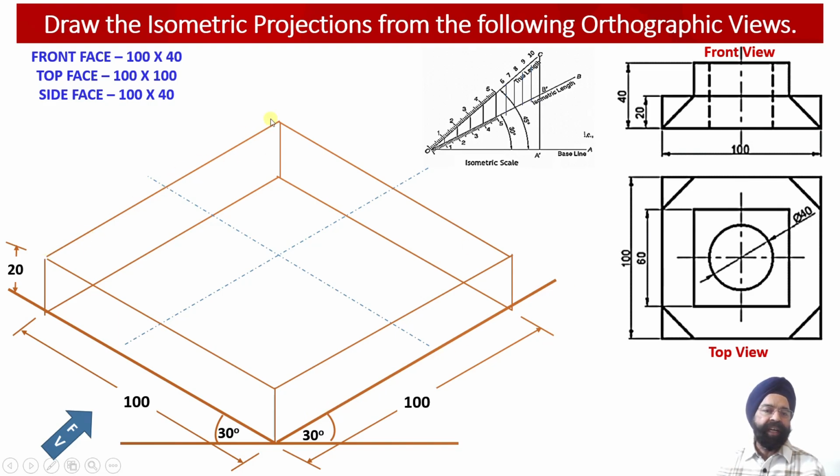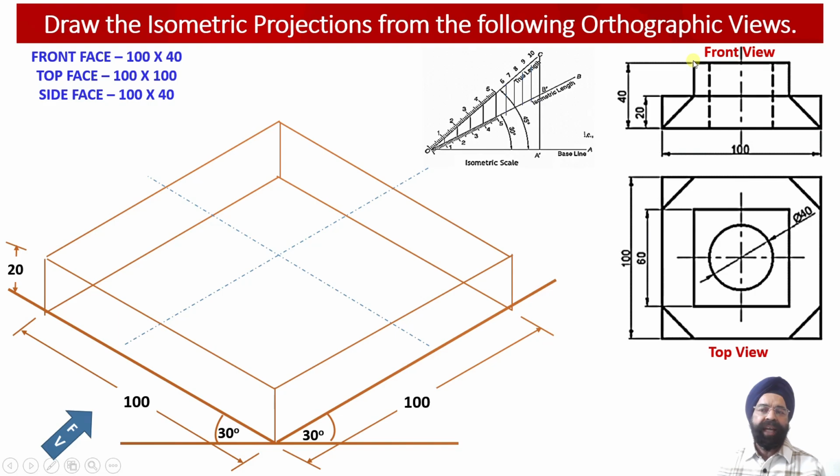Once we measure the midpoint of this edge and the midpoint of this edge and join these two midpoints, another axis line or center line will be obtained parallel to the x-axis over here. So wherever these two center lines intersect with each other, the center of symmetry corresponding to this element number 2 can be located over here.